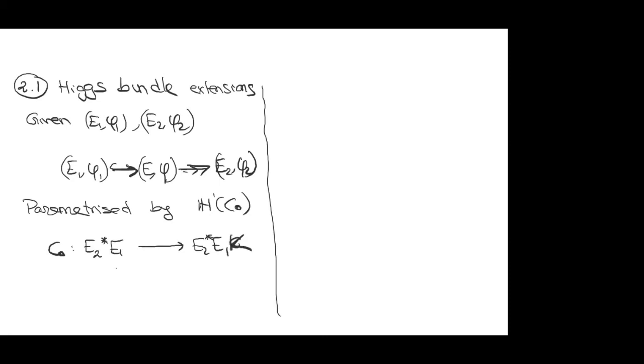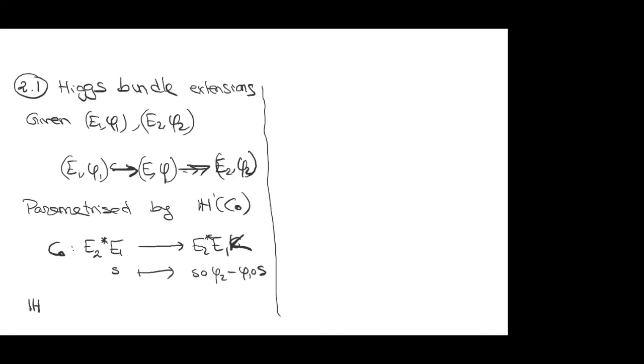So one assigns to a given point, the composition with phi2 and subtracts phi1 composed with S. Okay.